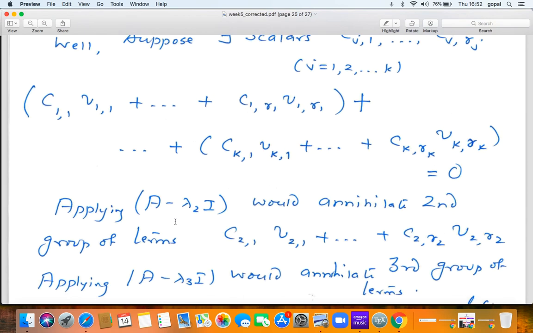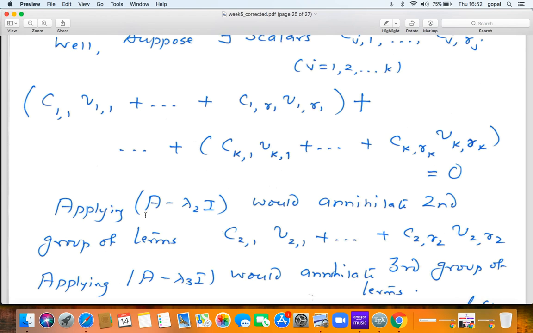Let us apply A minus lambda 2. The first parenthesis consists of eigenvectors with eigenvalue lambda 1. The second parenthesis will consist of eigenvectors with eigenvalue lambda 2, etc. Now, if I apply A minus lambda 2, all the members in the second parenthesis will disappear.